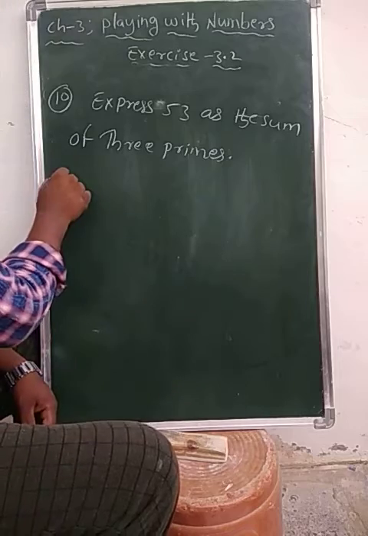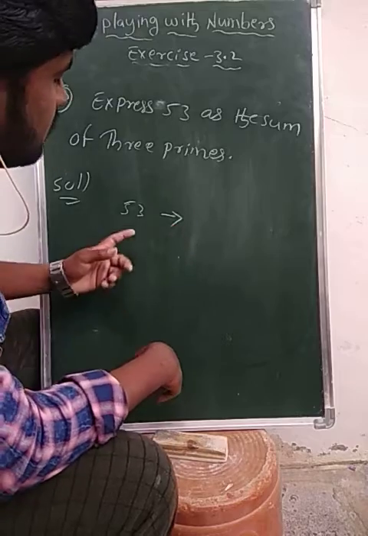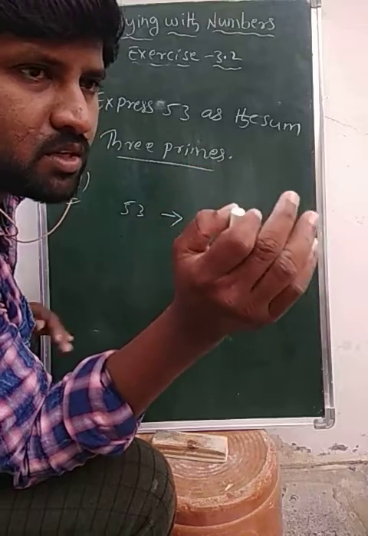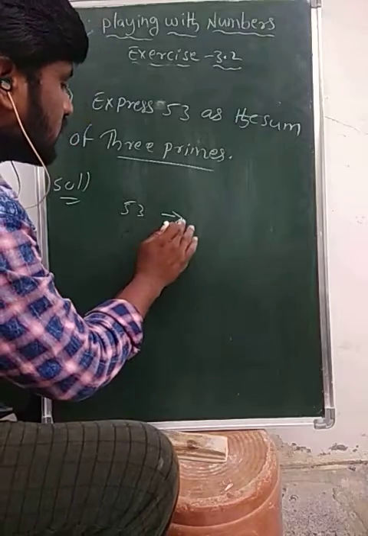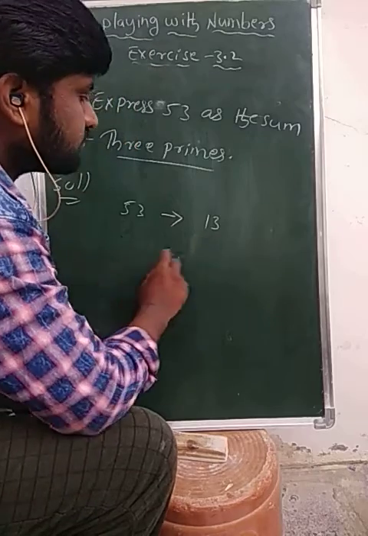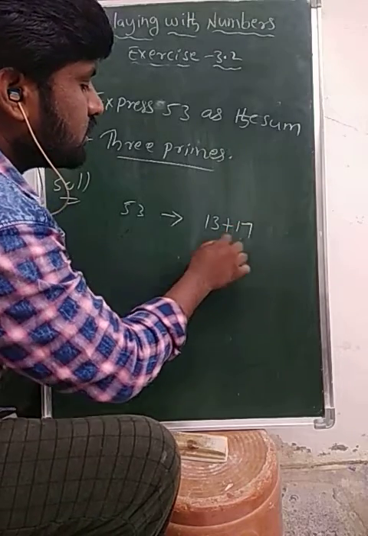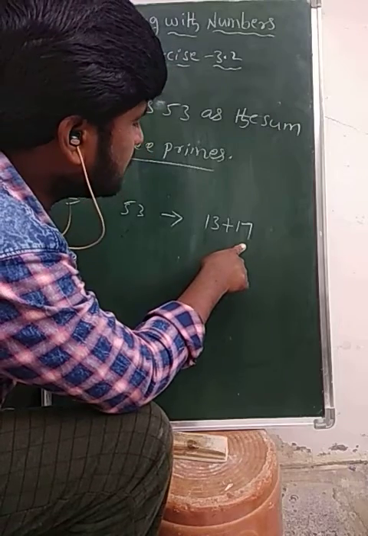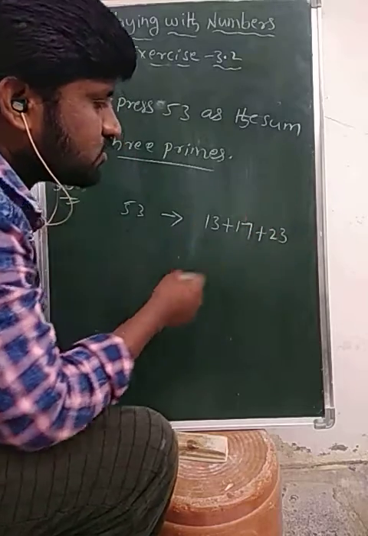Okay, so the required answer: what is the number? 53. We can express it as the sum of 3 primes. You take any 3 prime numbers, but their sum should be equal to 53. I am taking here 13, which is a prime number, and 17, which is a prime number. 13 plus 17 gives 30, and we add one more prime number, that is 23.